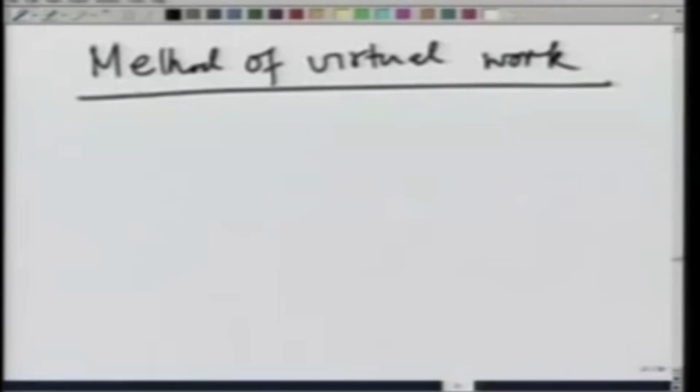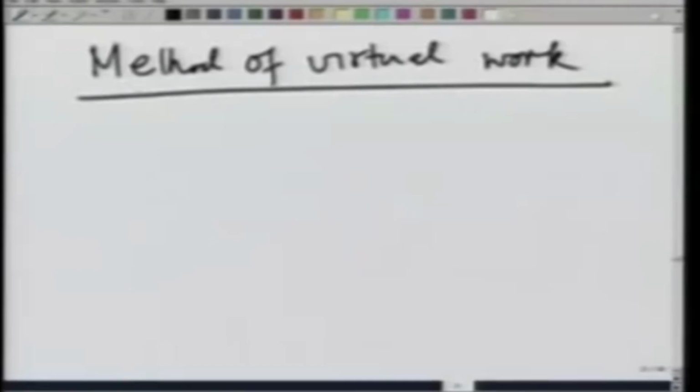How does the method of virtual work simplify or make life easy when the system becomes big? Let us extend the previous example itself.